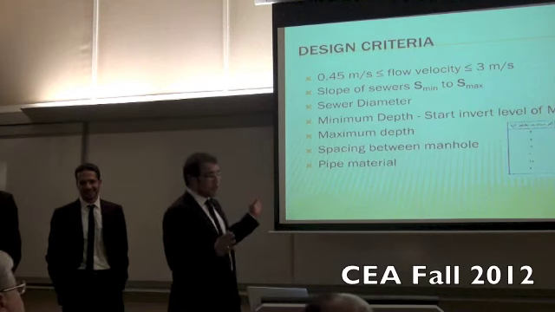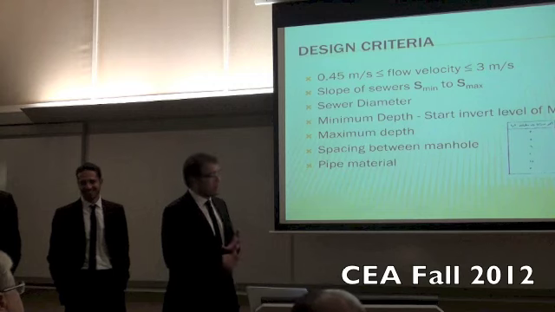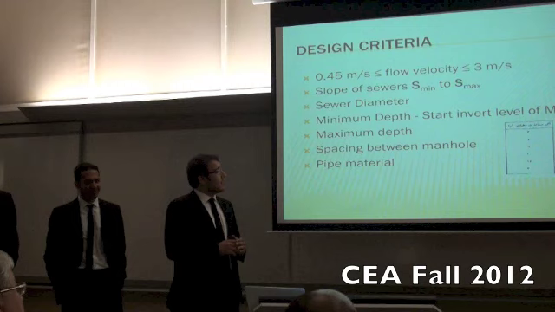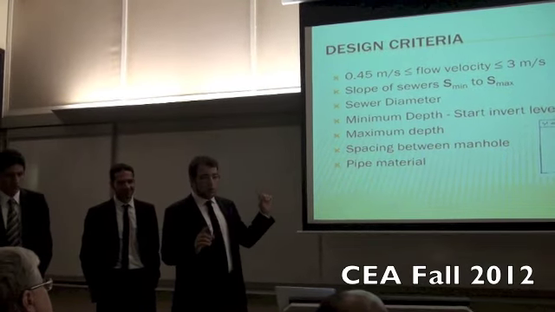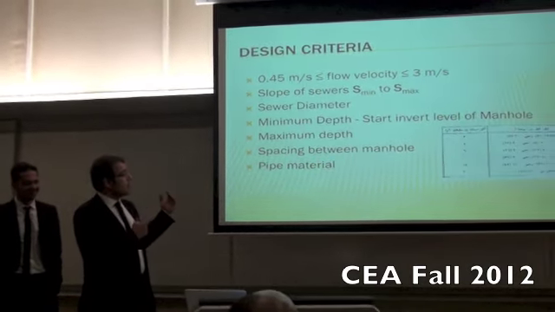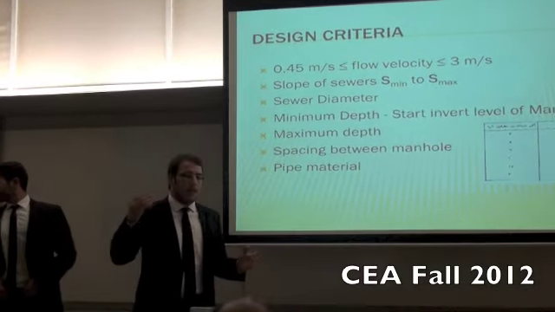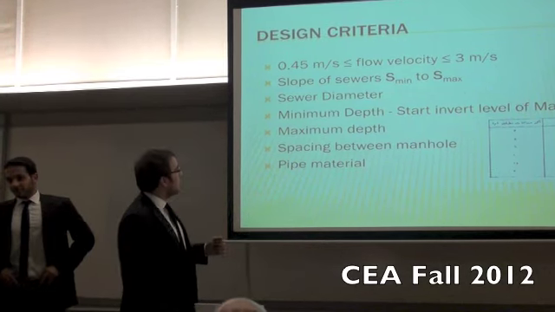Now, for our slope range, we had a minimum slope and a maximum slope. The minimum slope is usually 1 over the diameter, and it is the slope that will guarantee that we won't go lower than the minimum velocity, and the maximum slope is the slope that will guarantee that we won't exceed the maximum velocity.